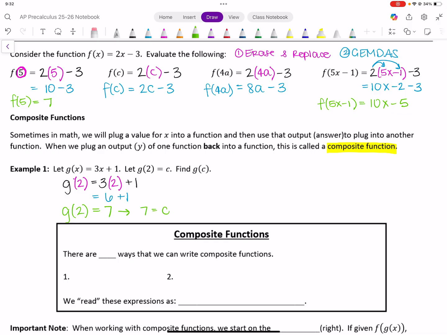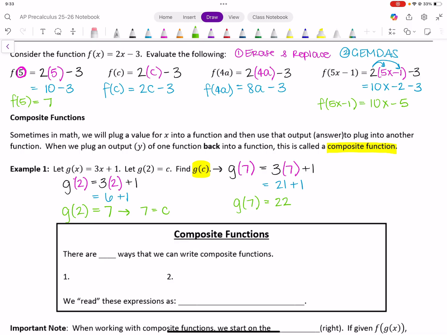So then our g of c becomes g of 7. Which would be 3 times 7 plus 1. And then we do our multiplication. 3 times 7 is 21, plus 1 means g of 7 equals 22.